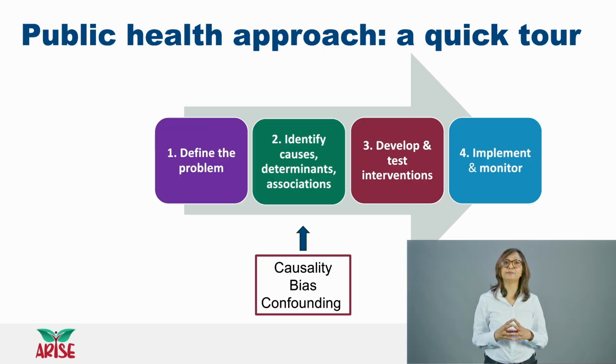For the second step of the public health approach, we need to be very careful when we talk about causes, determinants, also called risk or protective factors, and associations. There are very specific circumstances when we can identify a cause of a health-related event. For example, we need to pay attention to temporality or timing.